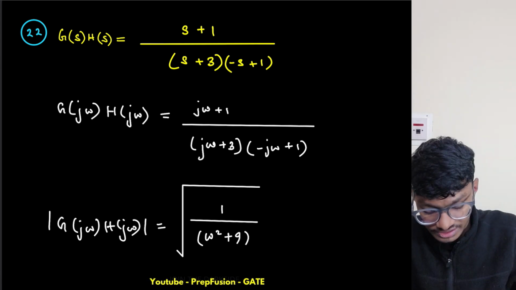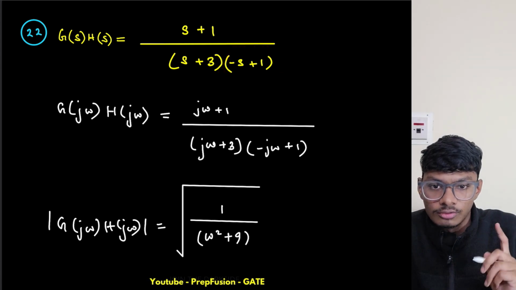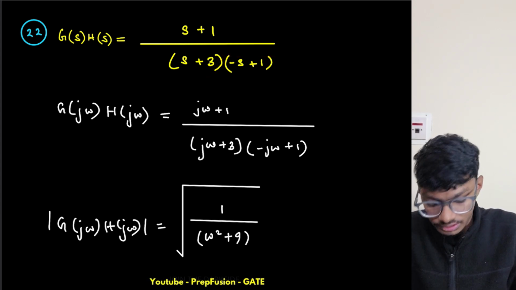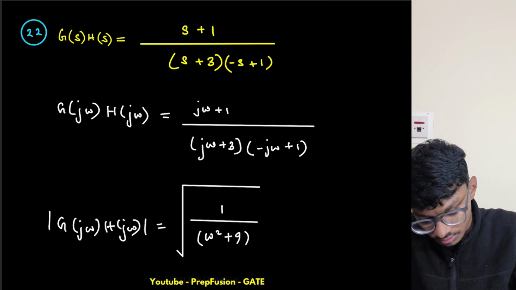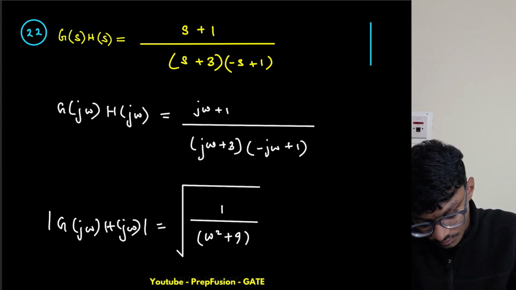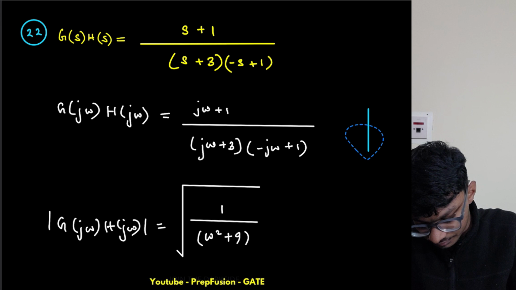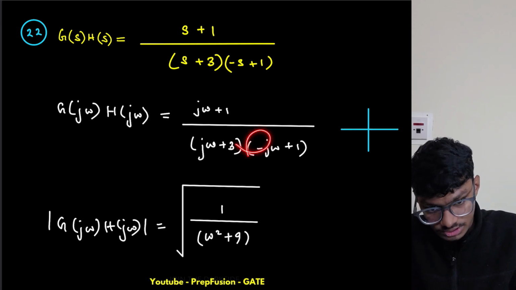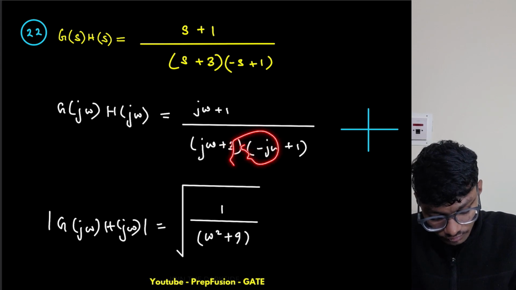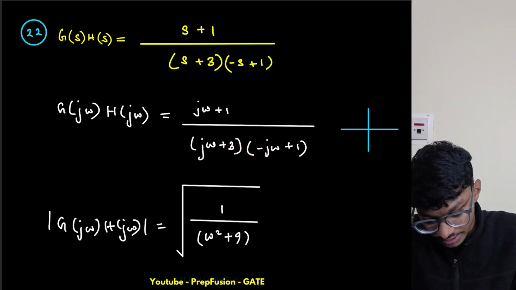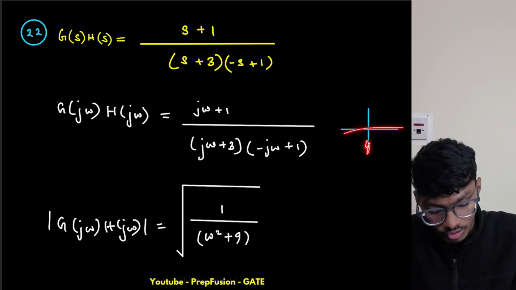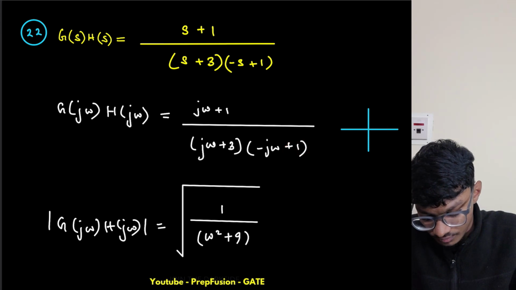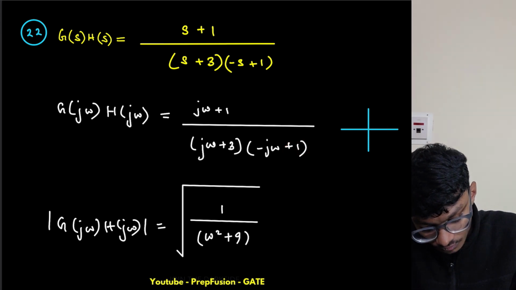But what is the difference here? Which quadrant is this lying in? Second quadrant? No, again you're wrong. Let's draw the coordinate axis. If you can see, this is lying on the negative imaginary axis, in the bottom half of the coordinate axis and on the right hand side. So obviously this is lying in the fourth quadrant.